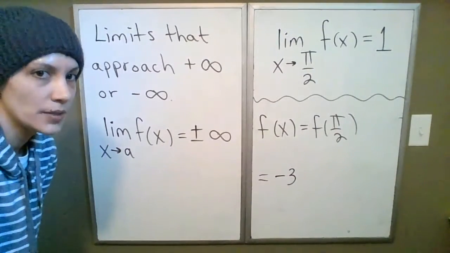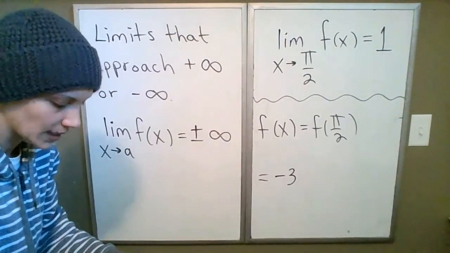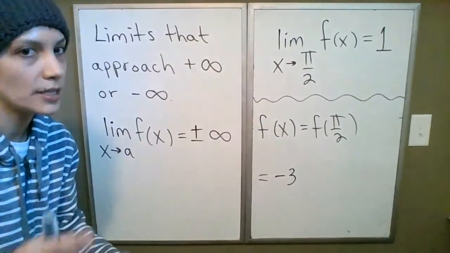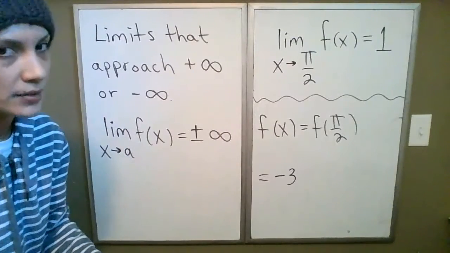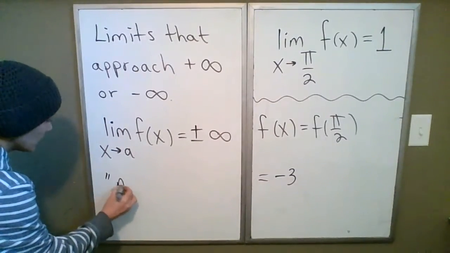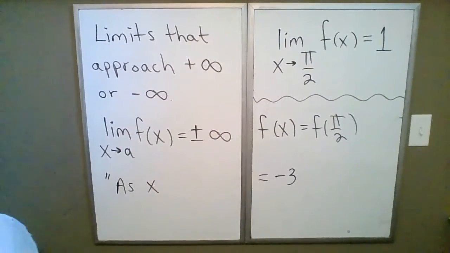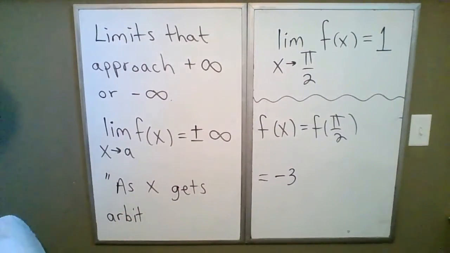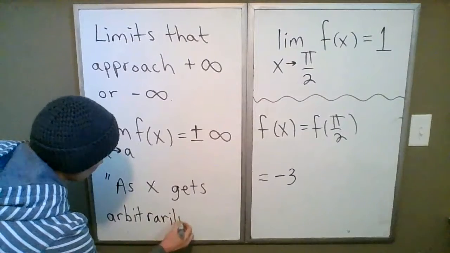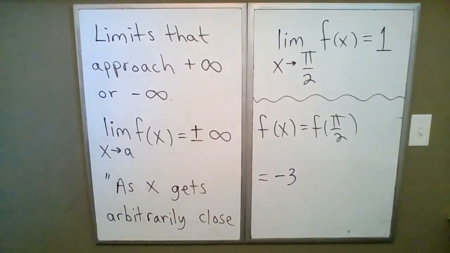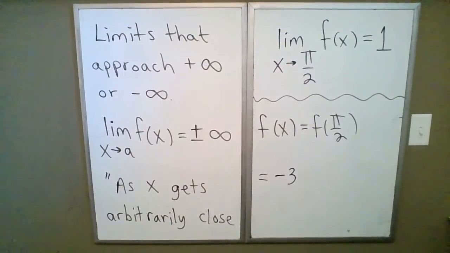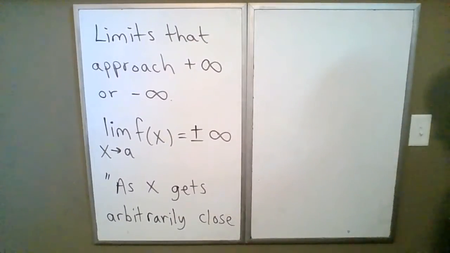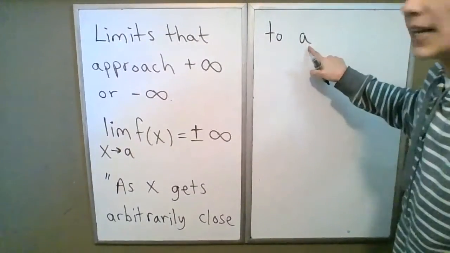So what this says is that as x gets arbitrarily close to a, the function f of x will either grow without bound or decrease without bound to positive infinity or negative infinity. And a is some real number.